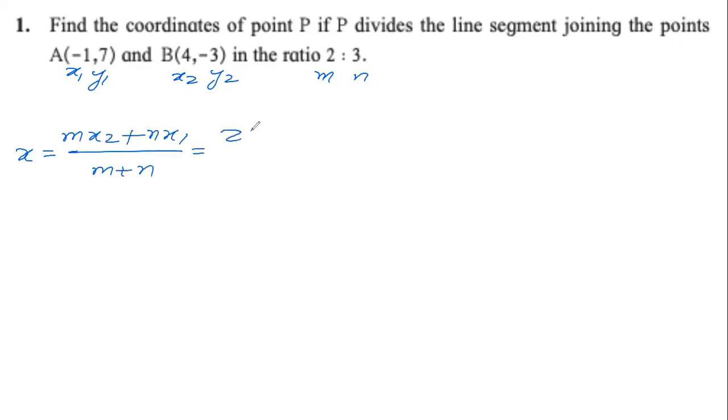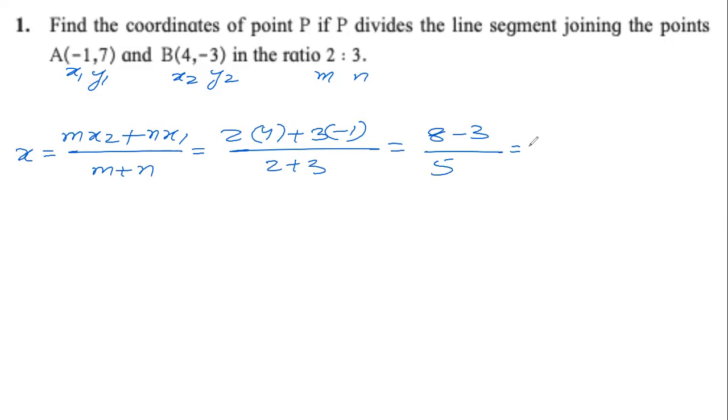Our m is 2, x2 is 4, n is 3, and x1 is -1, over 2 plus 3. 2 times 4 is 8, minus 3. 3 into minus 1 is minus 3. Then 2 plus 3 is 5. 8 minus 3 is 5. Now many of you are not doing this also. 5 divided by 5 is 1. We got the first coordinate, the x coordinate, as 1.